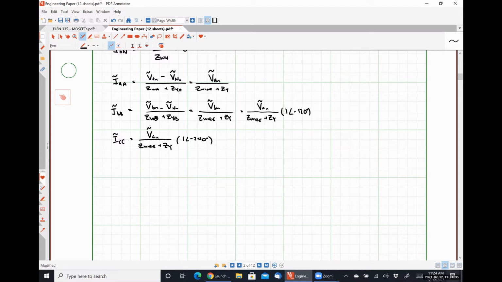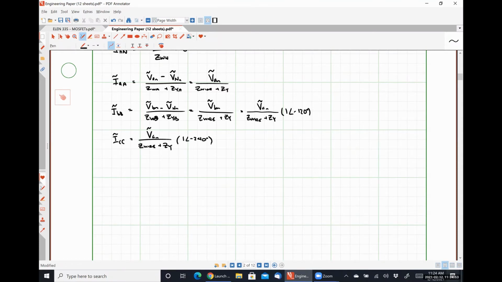Okay, so we found our line currents, and we have now recognized that because our system is balanced, all of our line currents are exactly 120 degrees out of phase, just like our source voltages.